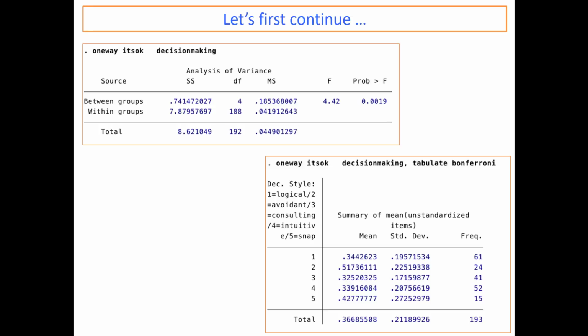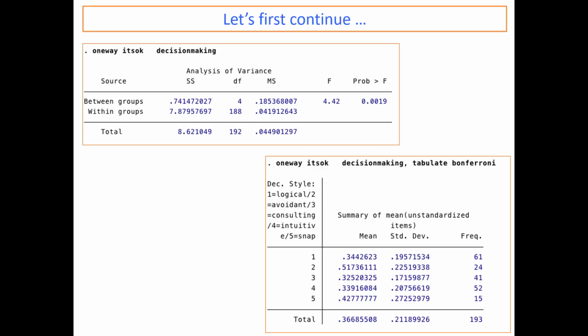And one thing to do would be, well, try that one-way command, because that one-way command will allow that Bonferroni correction and will give you all the comparisons between sets of 2 out of these 5 categories. So this is the first output that you get, just a summary. You see different means here. That in itself is useful to see, because if we have only categorical variables, that's the only thing we have.